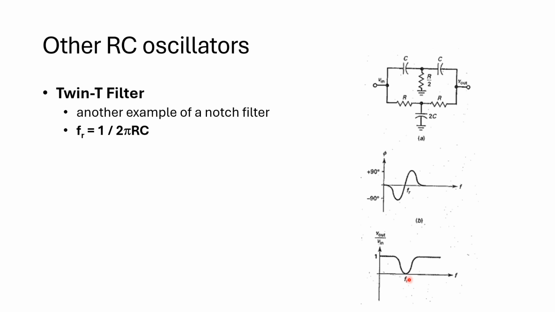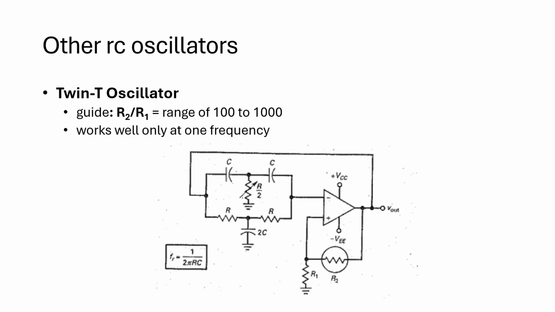Unlike other filters that accept a certain frequency, notch filters have a 0 output or 0 gain at a certain resonance frequency. If we're going to design this, how do we get the resonance frequency? The formula is still 1 all over 2 pi RC.